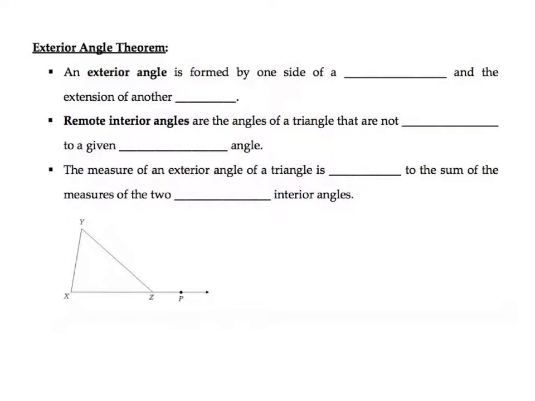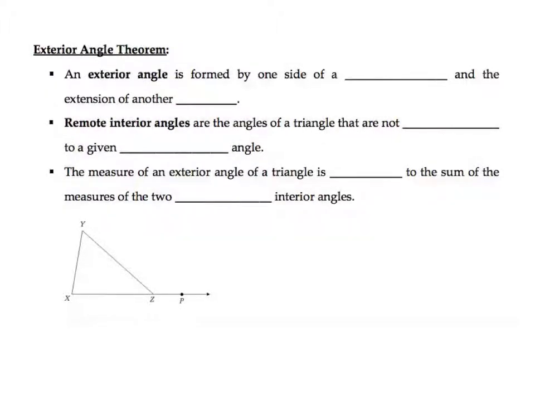So lastly, we're going to talk about the exterior angle theorem. And an exterior angle is formed by one side of a triangle and the extension of another side. So if I look at the picture I have drawn below, I extended side XZ so now I have a point P outside, so I have an exterior angle YZP.